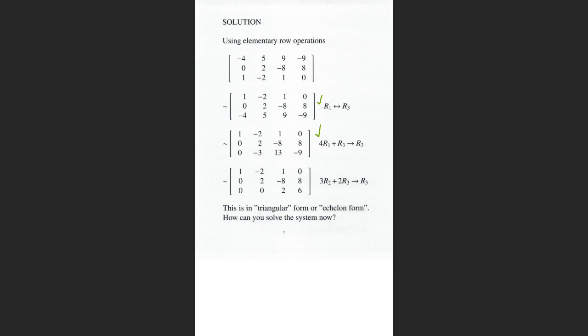But you'll notice now, I want to get a 0 in this spot here. So what I'm going to do is work with these two equations here, to produce a 0 where that -3 is.